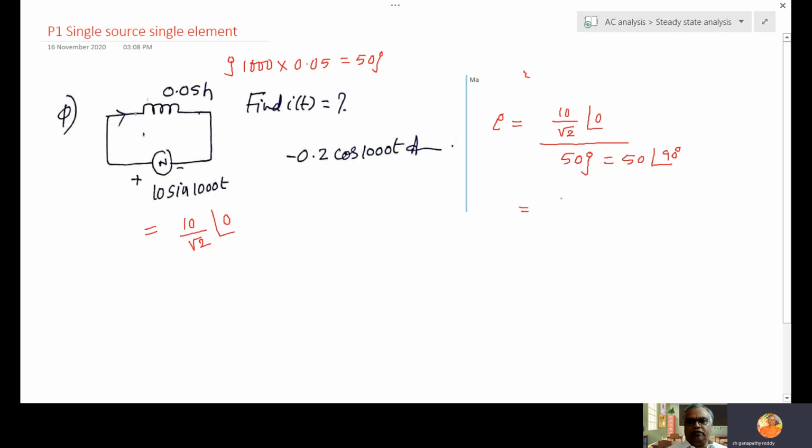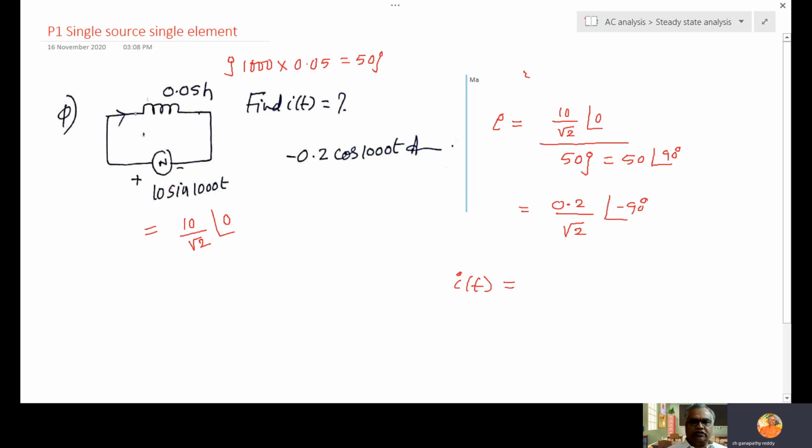So this is 1 by 5, 1 by 5 is 0.2, so 0.2 by root 2 angle of minus 90. But this is in phasor form. We want to convert into trigonometric form, because the source is already available in trigonometric form.